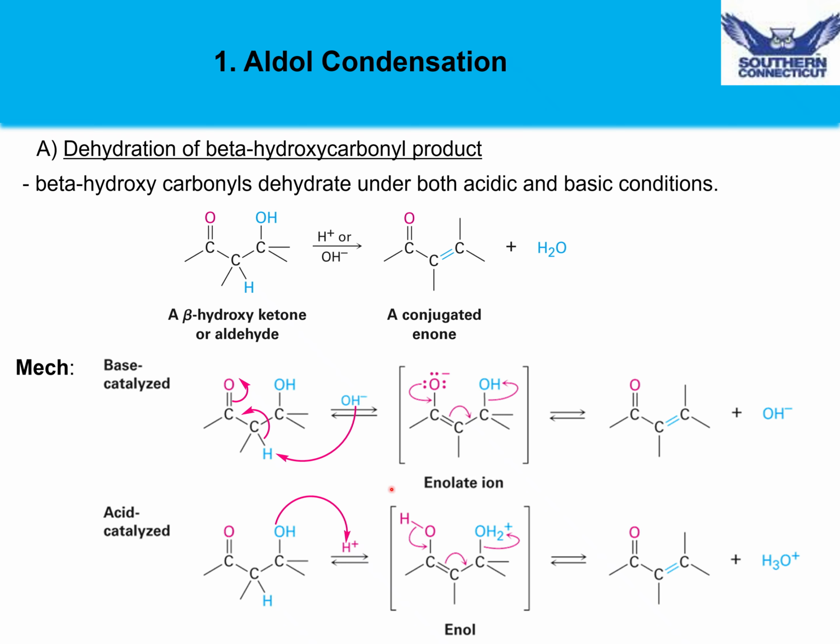So a base, although it's not shown here, will remove this proton on the enol, then it will lead to forming a carbonyl. The double bond will move this way between the alpha and beta carbon, and the water molecule, which is a great leaving group, is eliminated, producing an alpha beta unsaturated carbonyl, otherwise known as a conjugated enone or conjugated carbonyl compound.